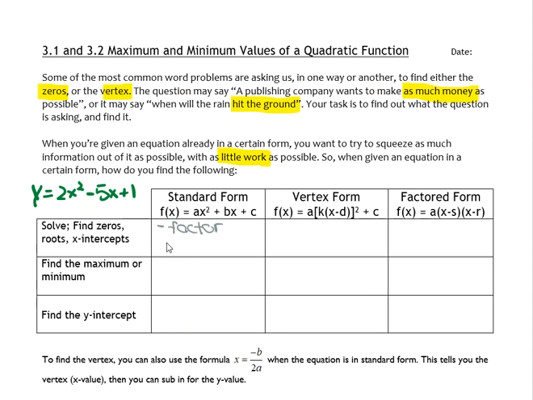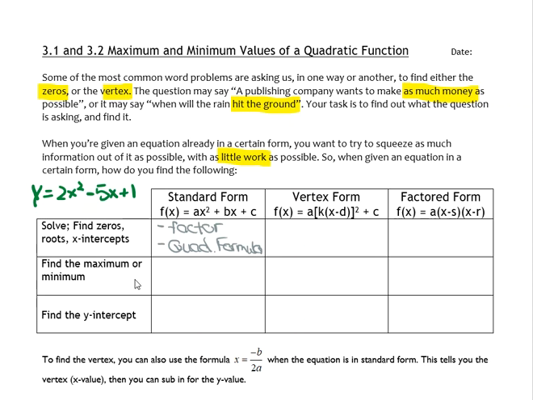And if you can't factor it, what do you do? You would use the quadratic formula. So when you're in standard form, that's how you would find the x-intercepts or the roots.